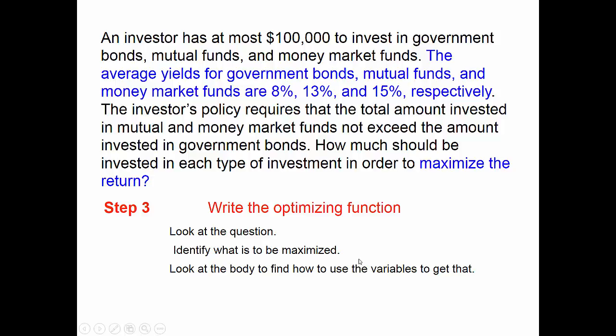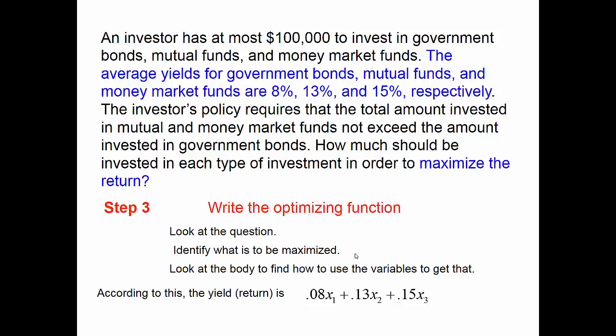And so we take 8% times the amount invested in government bonds, which in step 1 we called x1, 13% or 0.13 times the amount invested in mutual funds, which we called x2, and 0.15 times the amount invested in money market funds, which we called x3, all added together is our return or yield.